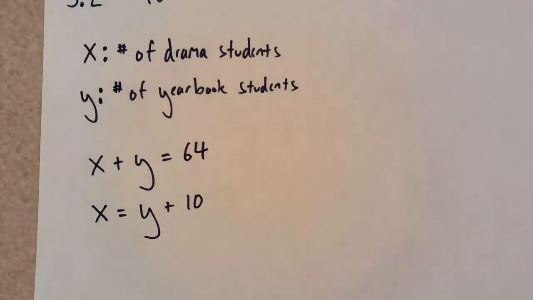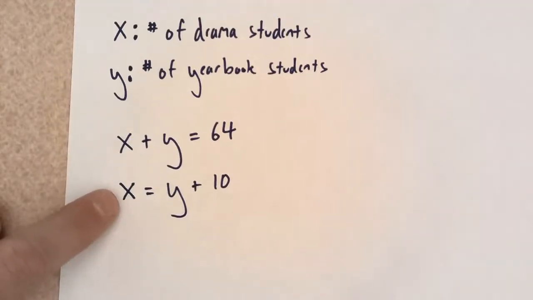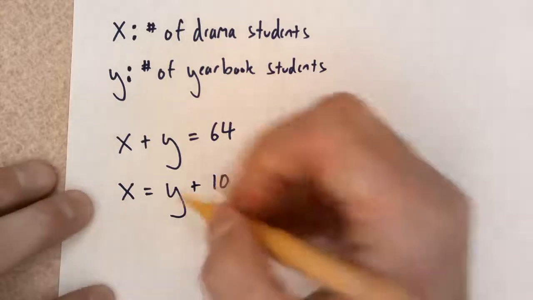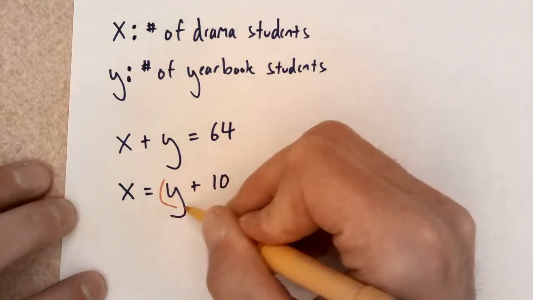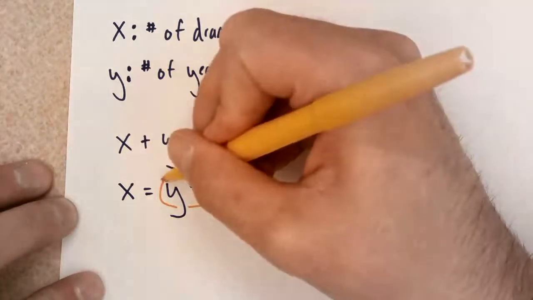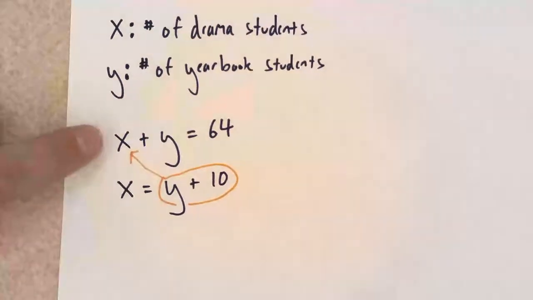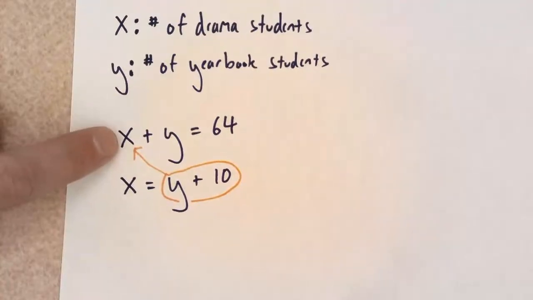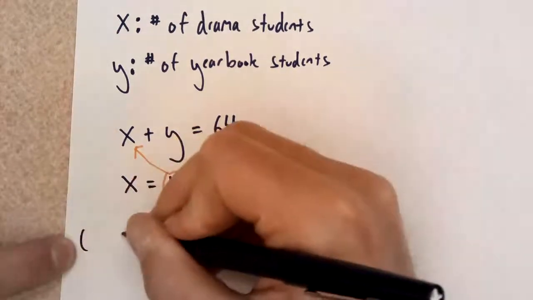Since X is by itself in the equation I wrote, I'm going to use the substitution method. So I'm going to take this entire expression for X, and I'm going to substitute it into the other equation. So let's rewrite this equation, but I'm going to change X. X plus Y equals 64.